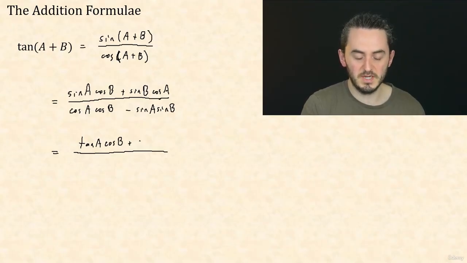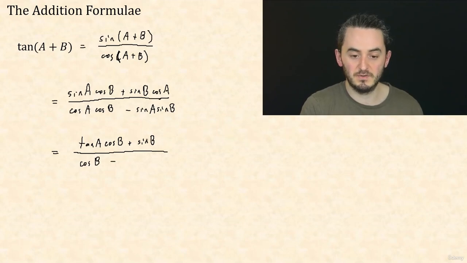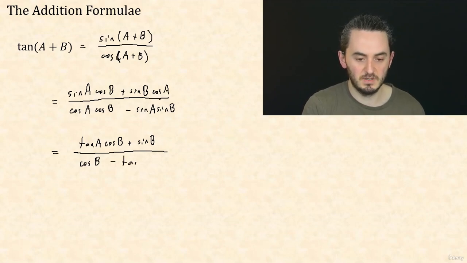And I've still got my sine B here. But dividing through by cos A, that's just gone. And then on the denominator, I divided through by cos A, so it just goes from that term. And here, well, sine A divided by cos A is tan A. And I've still got that sine B there.